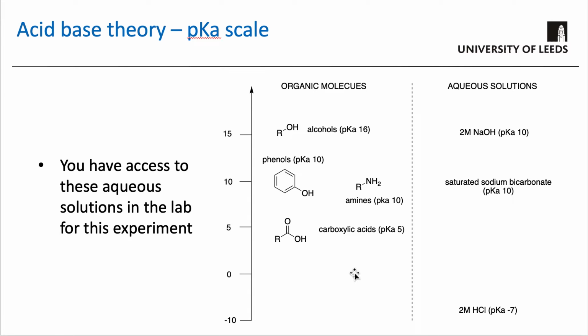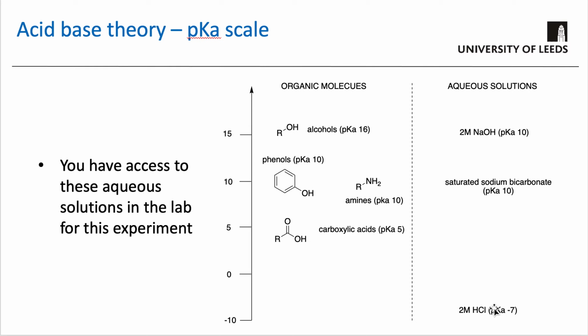Okay, and so what we can do is think about the pH values of the aqueous solutions that we're using in the lab. It's going to be our aqueous layer, and we can think about how that's going to manipulate the pKa behavior of the functional groups that are going to be present in the molecules that you're trying to purify.